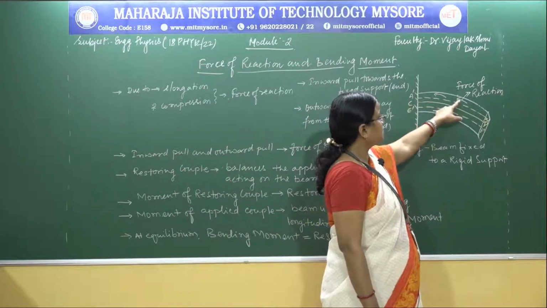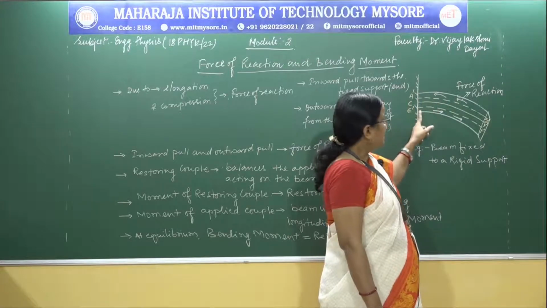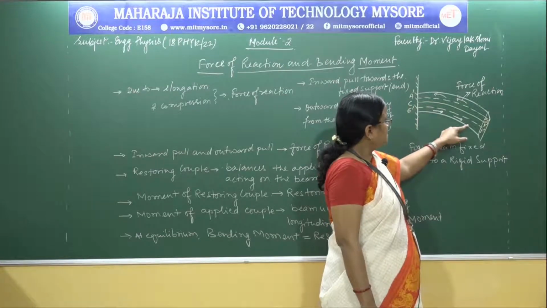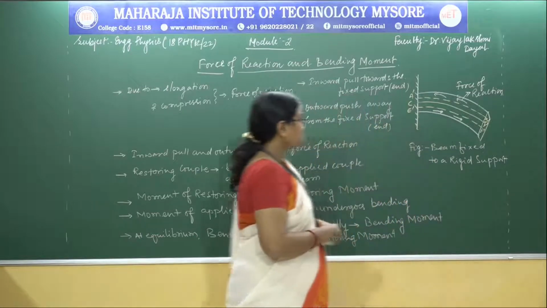One force of reaction is in the inward direction, towards the fixed end, and the force of reaction in the lower surface is in the direction away from the fixed end.